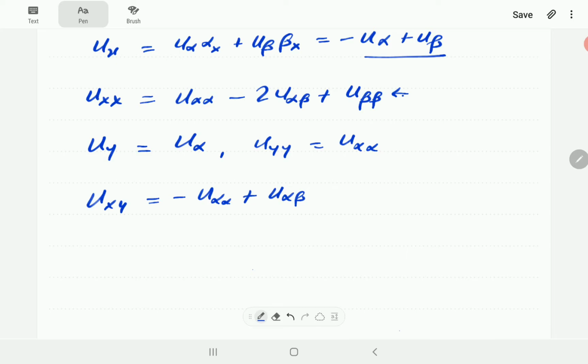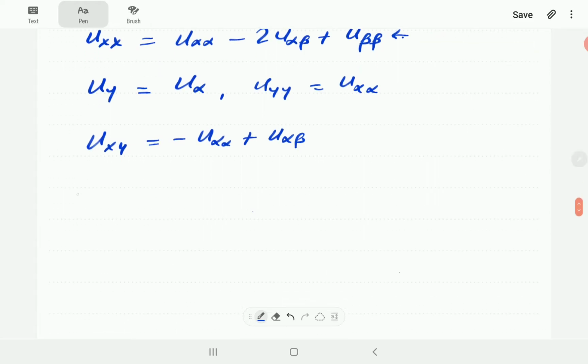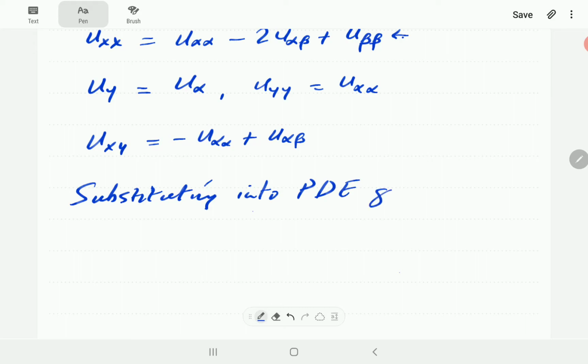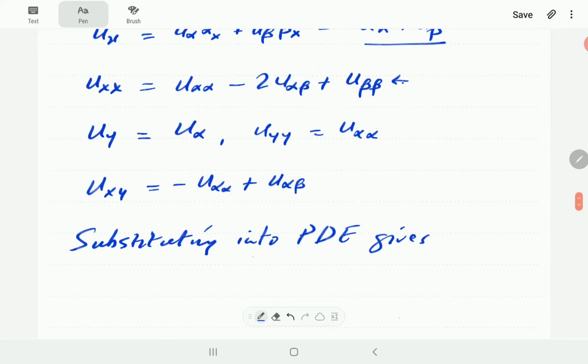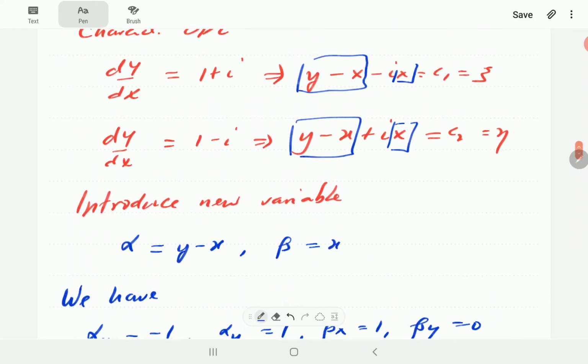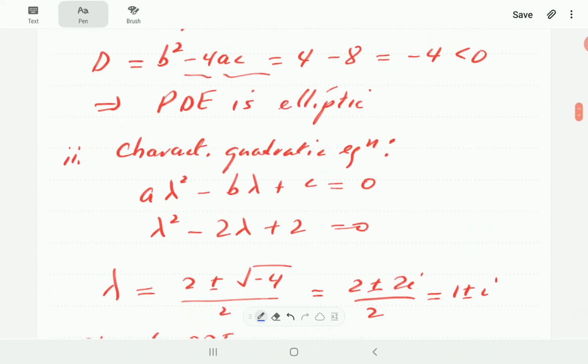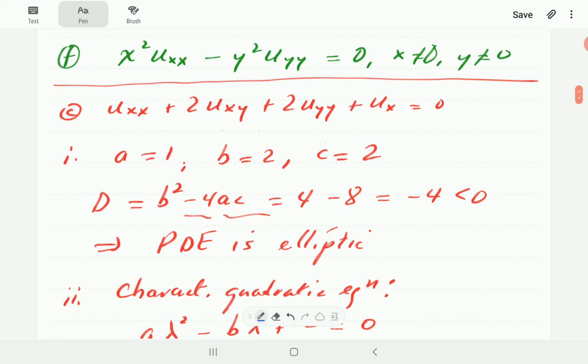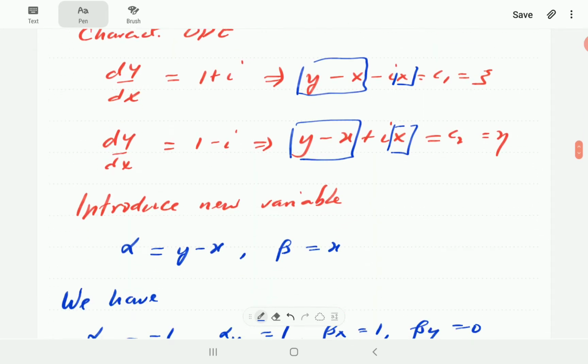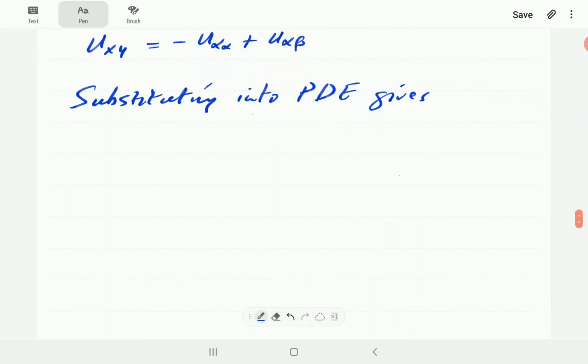Okay, and so then we substitute into the PDE. So remember the PDE is uxx plus 2uxy plus 2uyy plus ux equals 0.